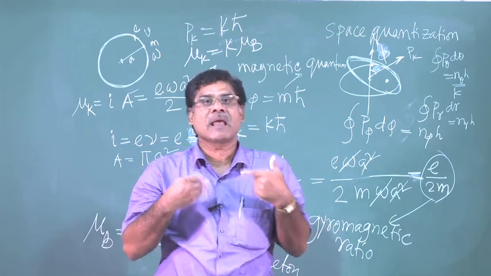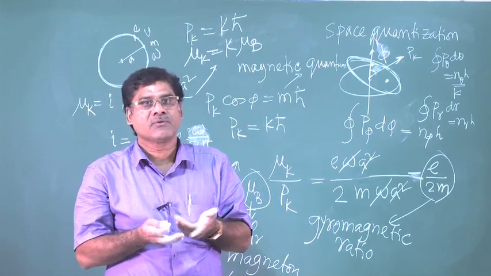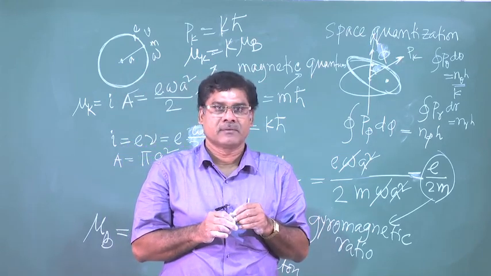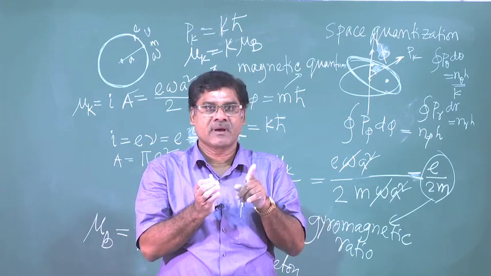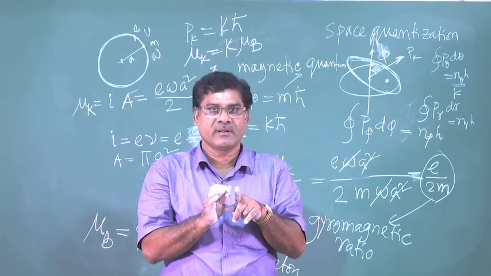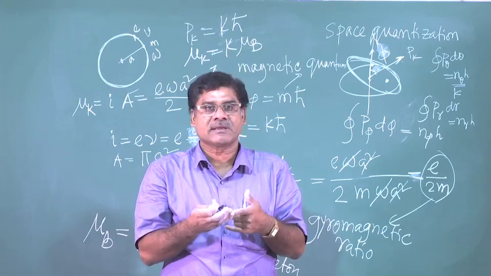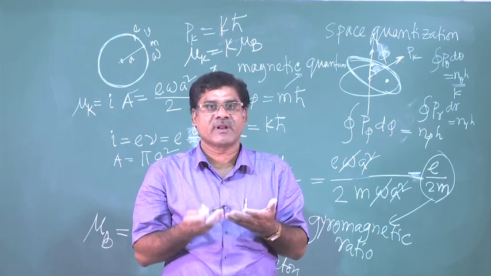Now if I apply a magnetic field, there will be an interaction between the magnetic moment and the magnetic field, and due to this interaction there will be a change of energy.